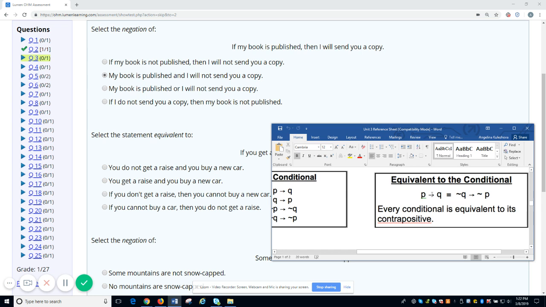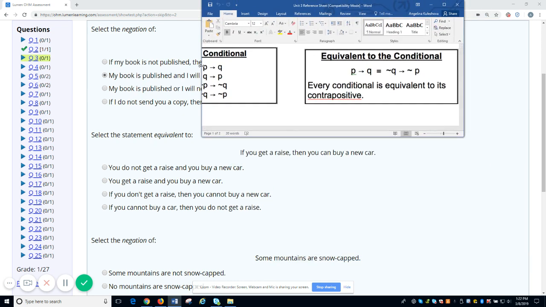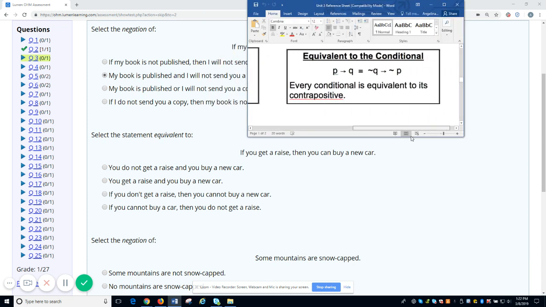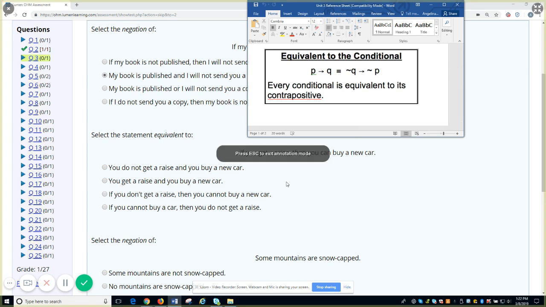To form a contrapositive, you flip the if and the then statements and also negate each. So the condition in this statement is you get a raise, and the outcome is you can buy a new car.